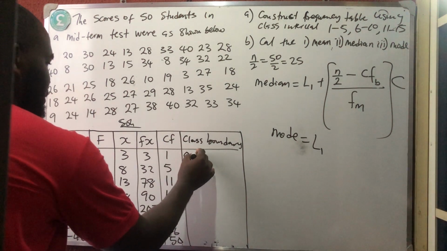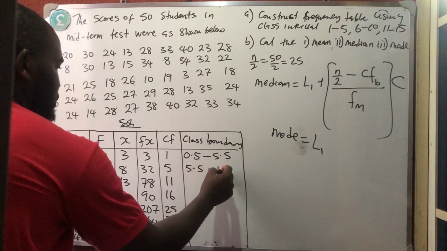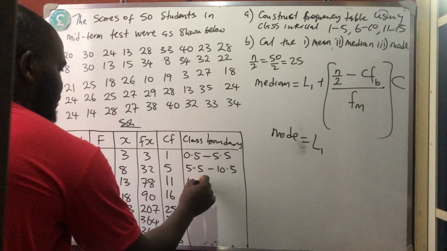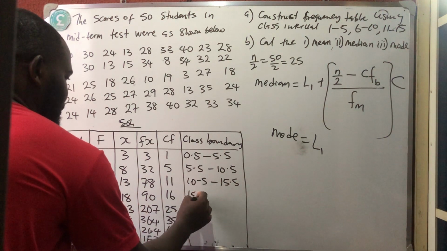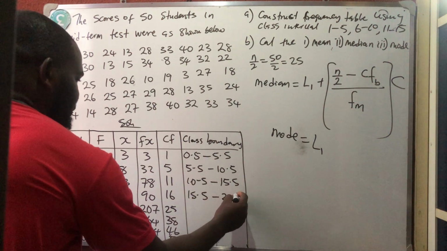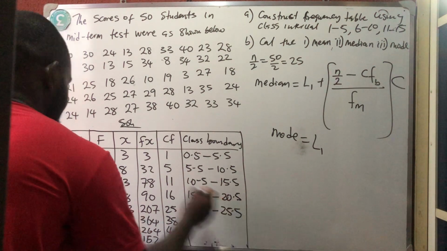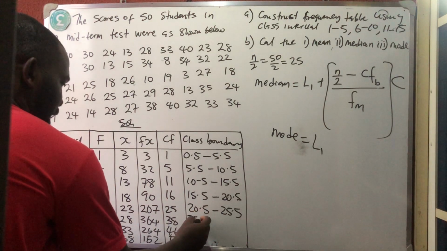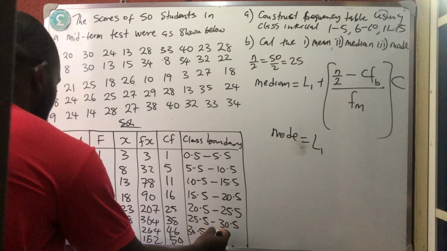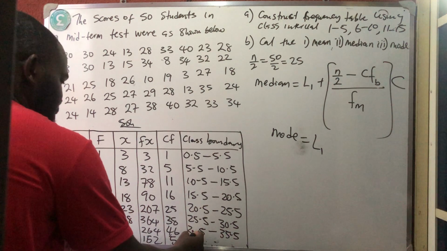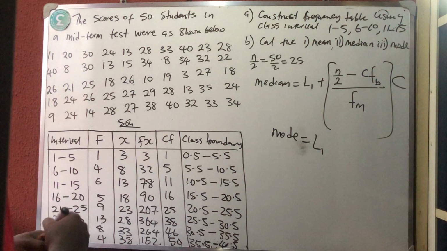So I'm having 0.5 to 5.5, 5.5 to 10.5, 10.5 to 15.5, 15.5 to 20.5, 20.5 to 25.5, 25.5 to 30.5, 30.5 to 35.5, 35.5 to 40.5. So that is my class boundary.